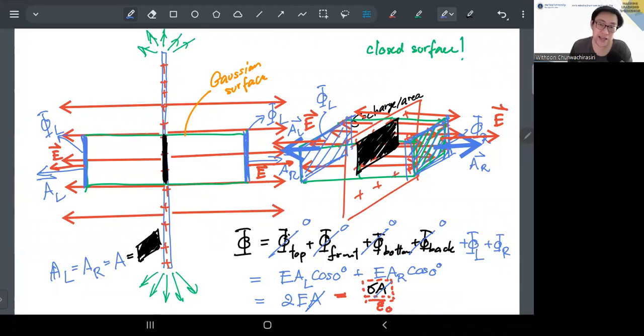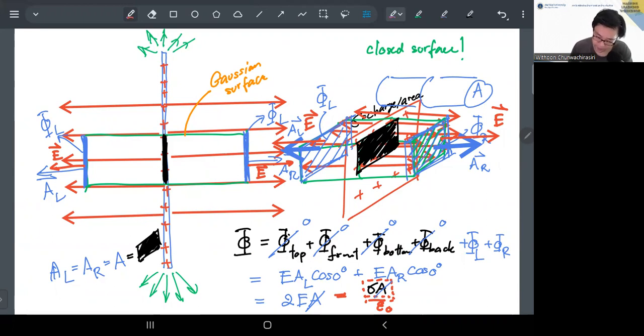This is the reason why you don't care about the A. You can pick any shape of this box. It can be a rectangular shape over here, or you can build a circular shape if you like. As long as your cross-sectional area is A, they're going to cancel out. So you're only left with just sigma on the right-hand side.